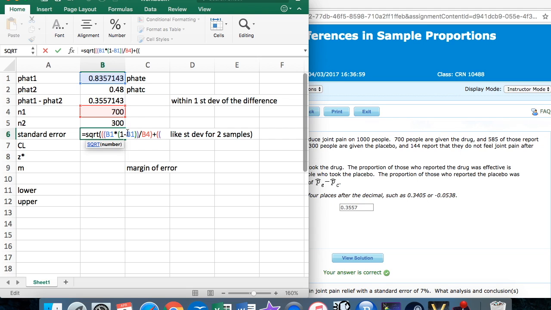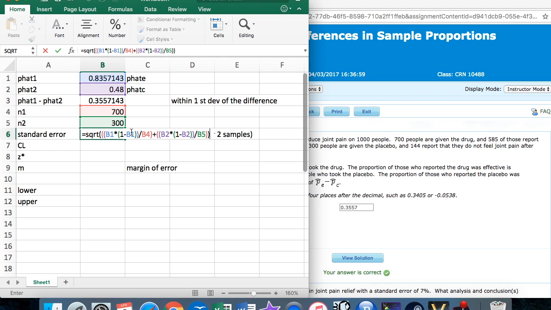Now we do the same thing, except instead of using p-hat 1, we use p-hat 2. So you click on p-hat 2 times 1 minus p-hat 2. There we go. That's my numerator. Divide by my n2. Close off that part and then close off the square root.